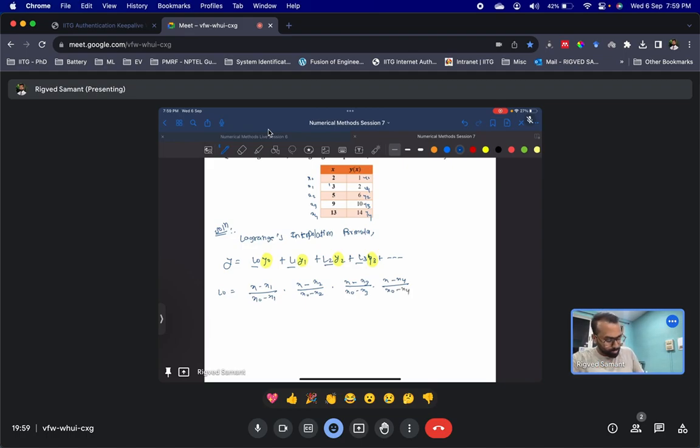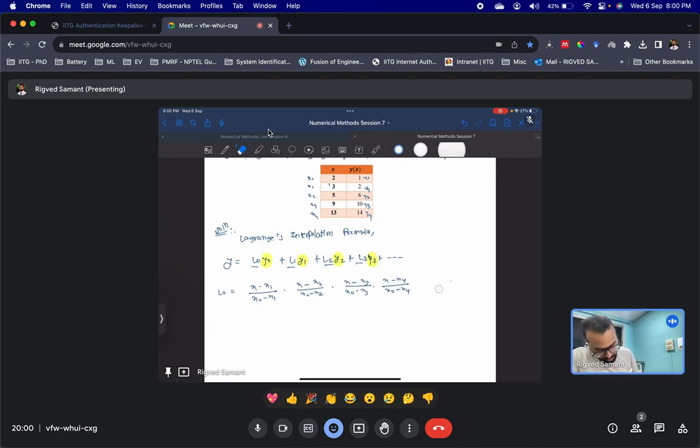Here we have x0, x1, x2, x3, x4, so we go till x4. Here you stop. If you had a further x5 value, you could have (x minus x5) divided by (x0 minus x5). Since we don't have it, we will not consider it. So how far the Lagrange constant formula goes depends on the number of data points.